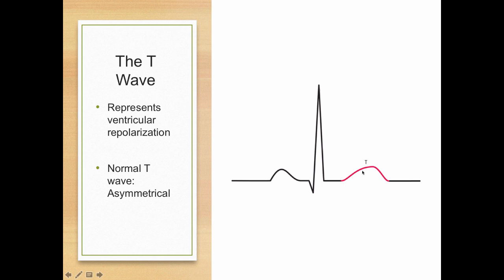It's got a shallow upslope and a steeper downslope. Your T wave should be upright in most leads, and we'll get to that later, and it should be asymmetrical.